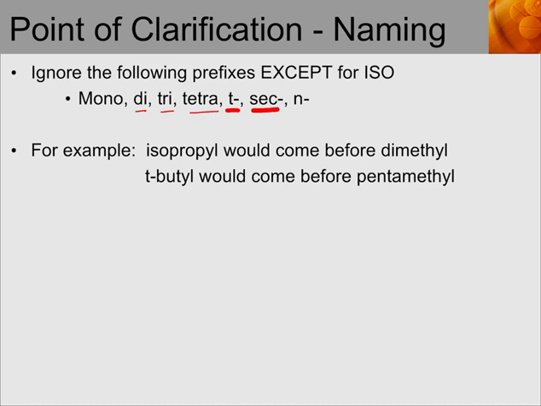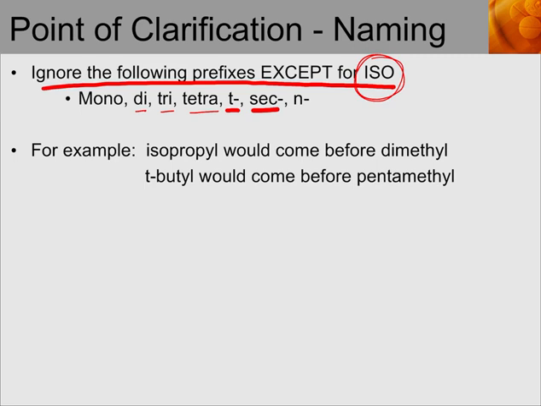And remember that we also had to list our groups in alphabetical order. Now, when you're alphabetizing, you ignore the following prefixes except for iso. So iso does get counted in our alphabetical listings.